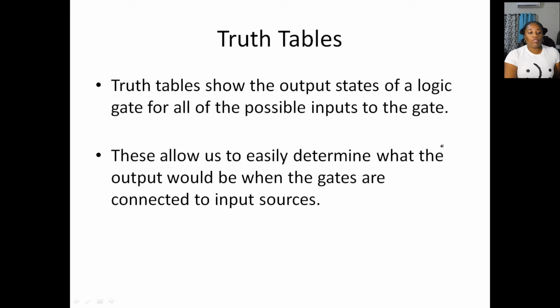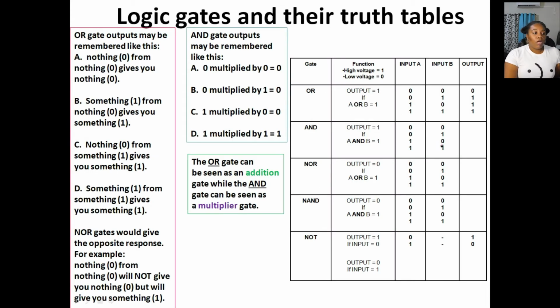Truth tables show the output states of a logic gate for all of the possible inputs to the gate. These allow us to easily determine what the output would be when the gates are connected in combination. OR gate inputs may be remembered like this: nothing from nothing gives you nothing.